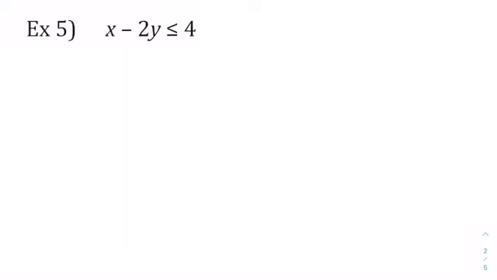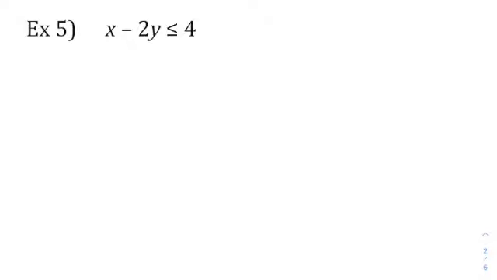If you look at it, the form is not in slope-intercept form. It's in standard form. So there are 2 ways to graph this. One, you don't have to change the form. You're going to use x-intercept and y-intercept. Two, you can change it around into slope-intercept form, and then you worry about what you do with the sign. You move it, so you graph it like an equal sign.